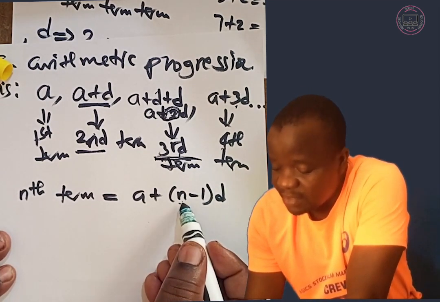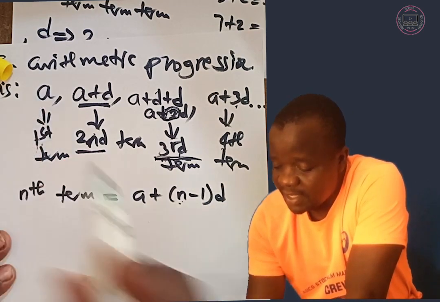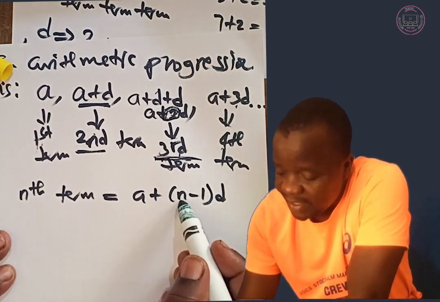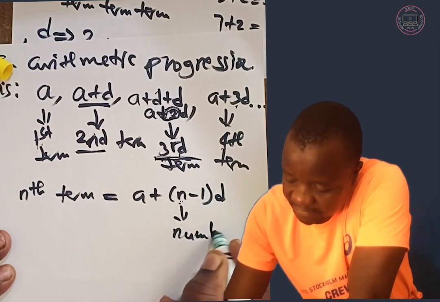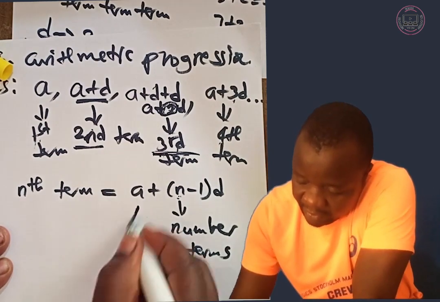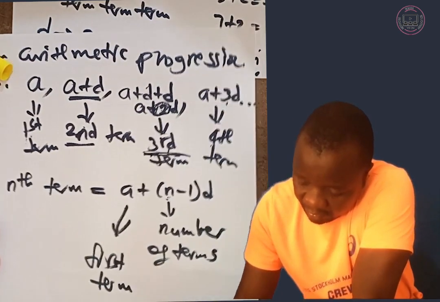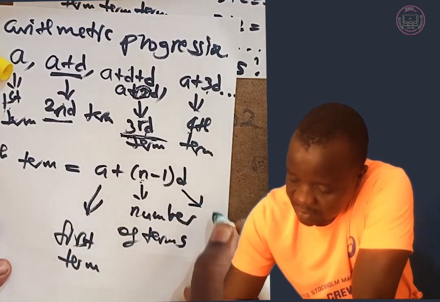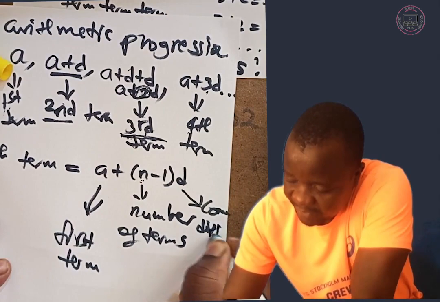For example, the first term we are saying is A. n is the number of terms, this one is the first term, and this one is the common difference.